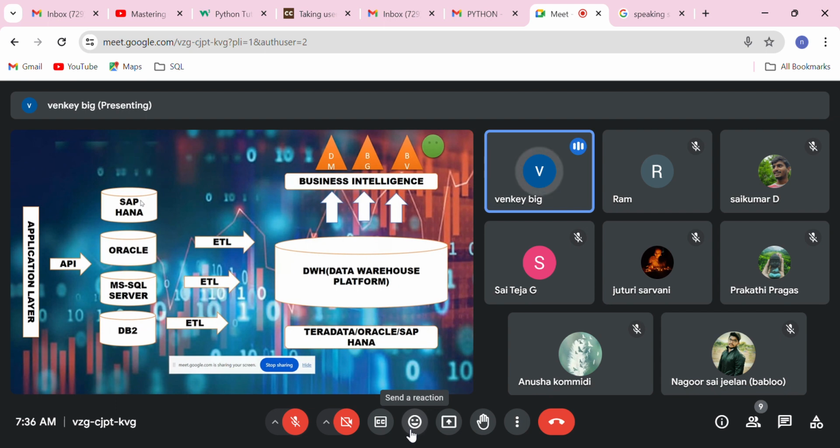A database is software which can be utilized to store, manipulate, and manage your data, and which is tightly coupled to your application layer. But a data warehouse is a system which will be utilized for your data analytics. This data warehouse is also a database, but a very huge one compared to your database.